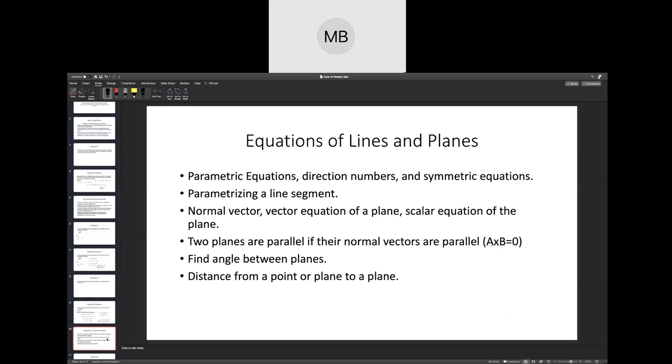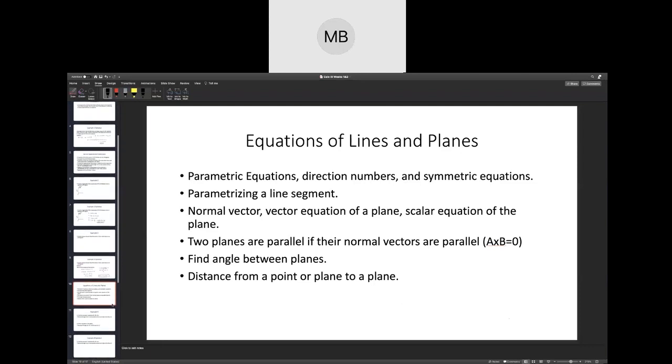This is similar to the angle between two vectors, and has to do with computing the normal vectors for the planes, and then using a formula, which is again found in your book with the cosine formula. And finding the distance from a point to a plane. This formula is also found in your book. There are lots of formulas that I'm just referring to here that are in your textbook. Be sure to look at all these different formulas and know how to use them.